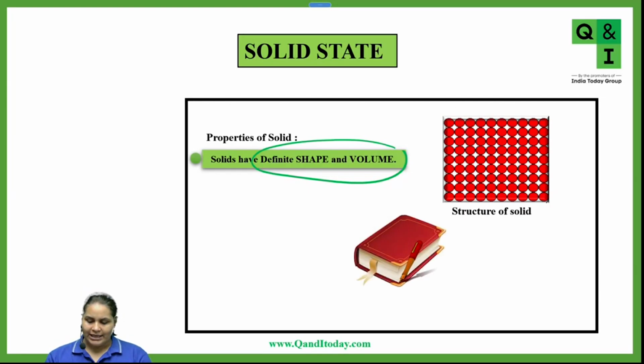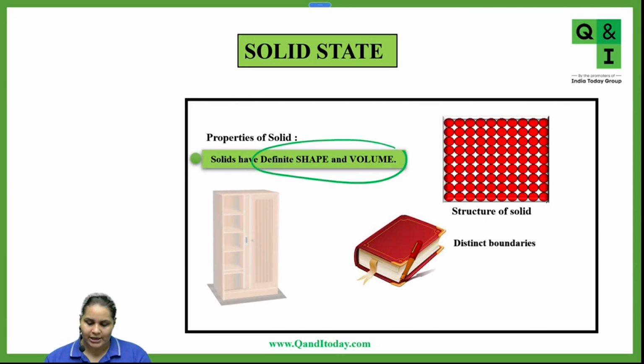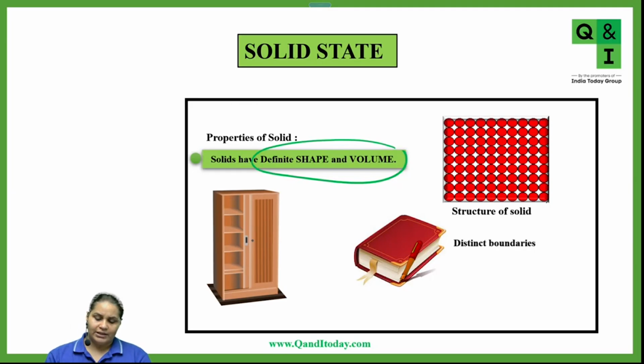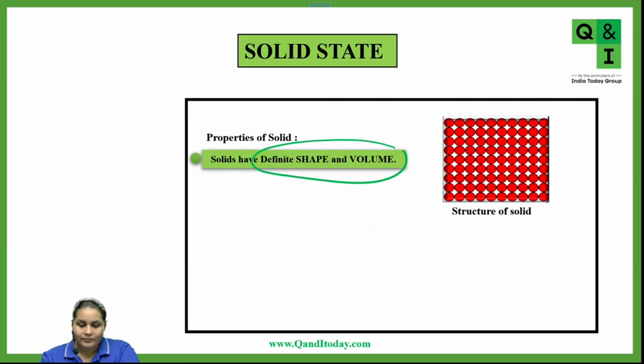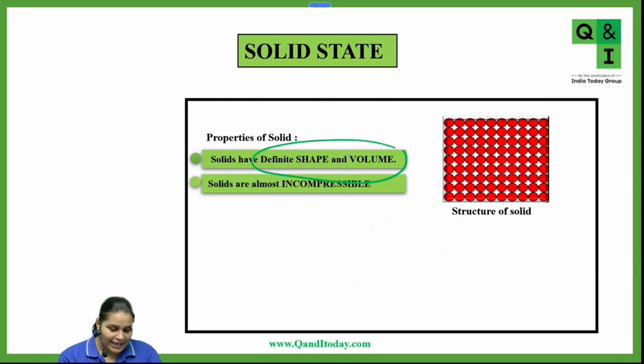You can take any example, like here we have a book and pen, they have their particular shape and volume. Even the almirah is one of the examples here. Next one, they are incompressible. These solids are almost incompressible.